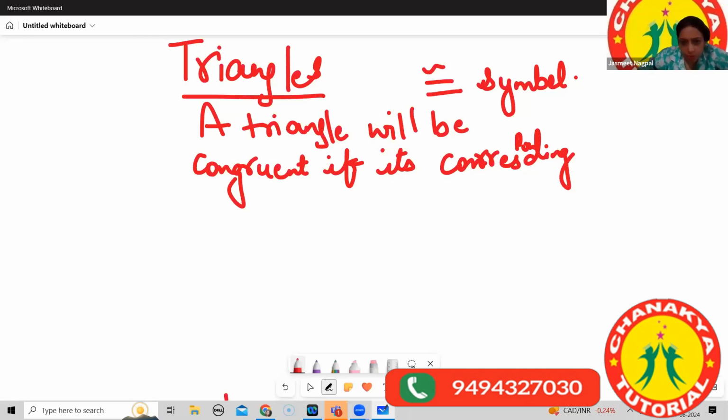Because I think maybe there are issues now, that's why I wrote it wrong. Corresponding sides and angles are equal.